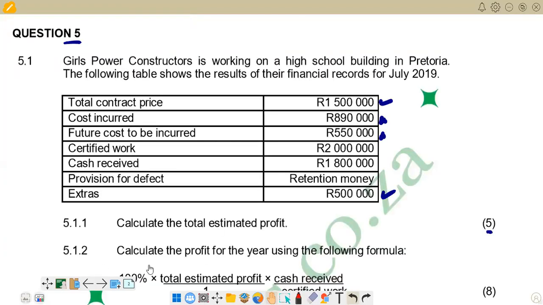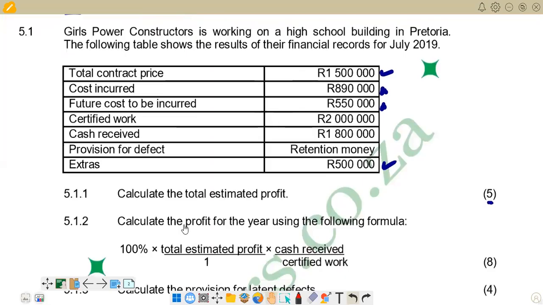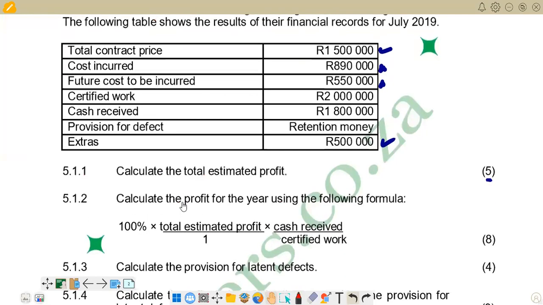On the second part of the question, it says calculate the profit for the year using the formula. We are given 100% times total estimated profit over 1, then we multiply again by cash received over certified work. Total estimated profit is the one that we calculated on the first part, which is 560,000.